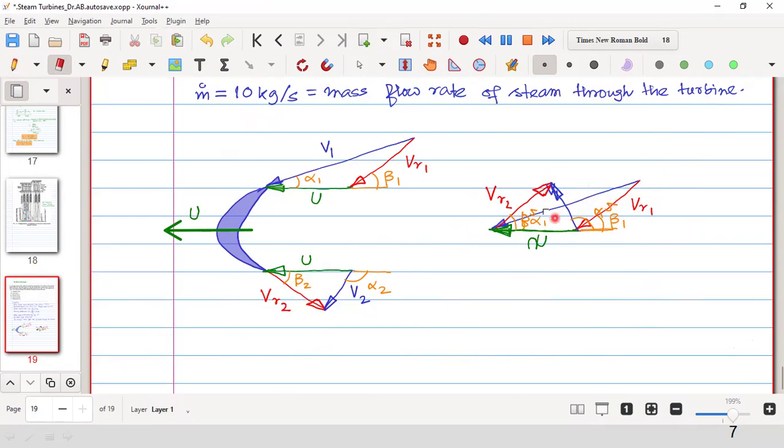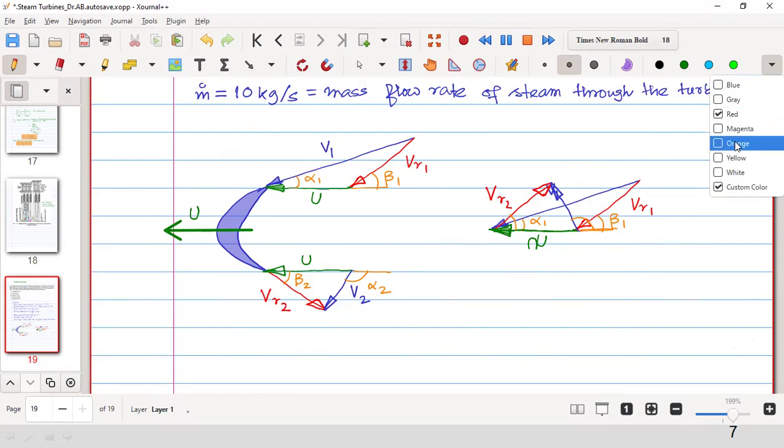And some other quantities I will change here. So this angle is basically beta 2.